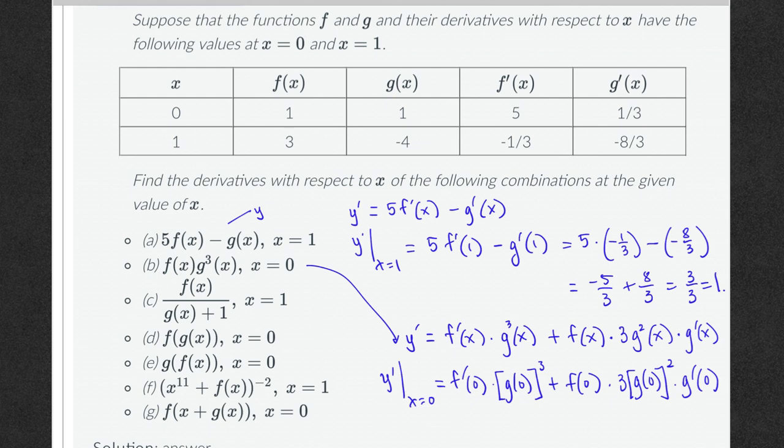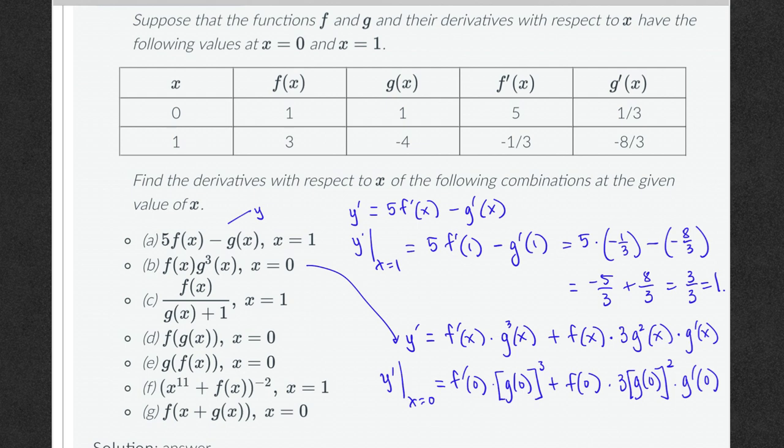Basically, everywhere we see an x, after we differentiate the function, we replace x with 0. The notation g cubed of x means the entire function g of x raised to the third power. Similarly, g squared of x means g of x raised to the second power.